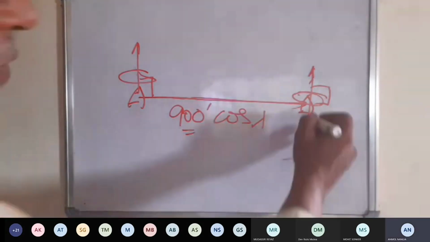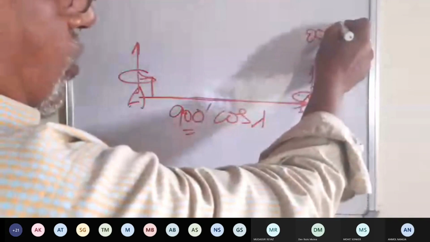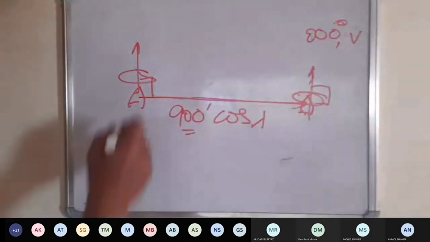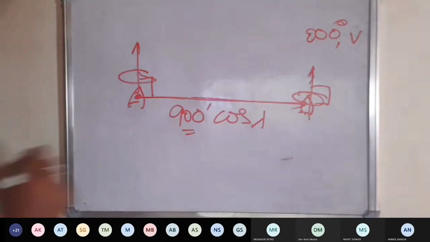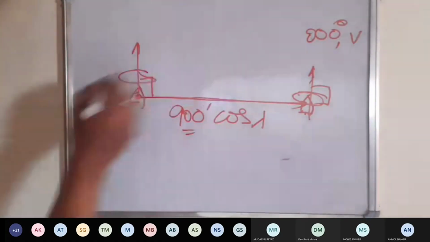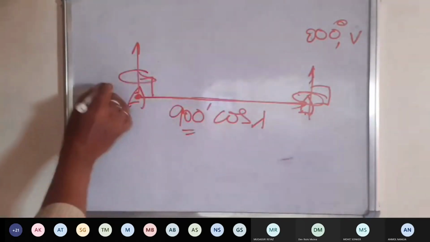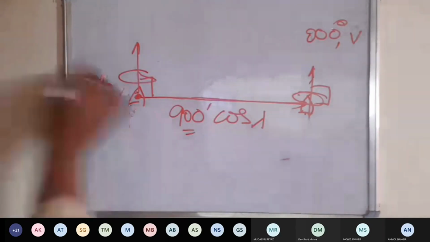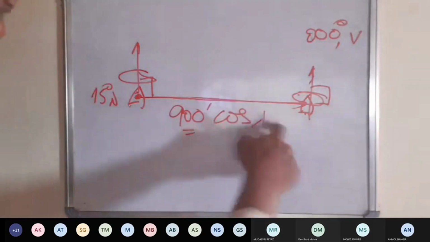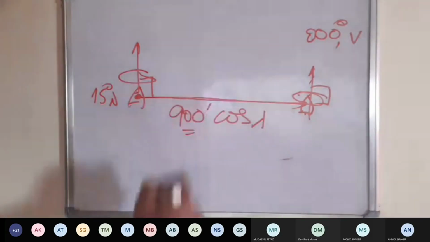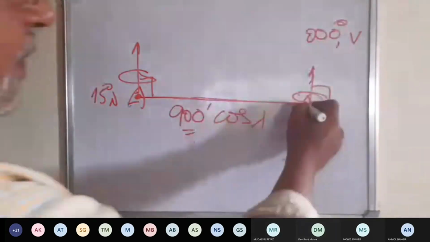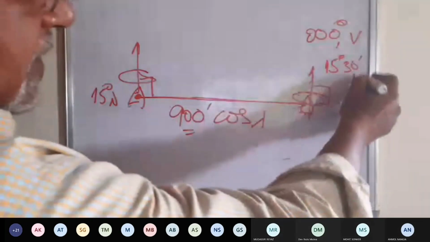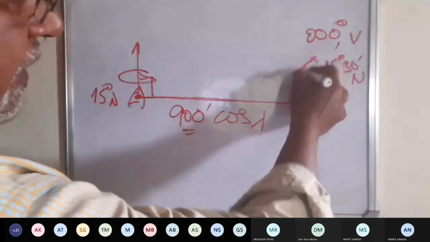But if she is doing a 000 course at the speed of v, then when she starts from here, let us say latitude 15 degrees north, and when she starts steaming, in 1 hour, let us say for example, she goes to 15 degrees 30 minutes north, so she has reached here, or not?